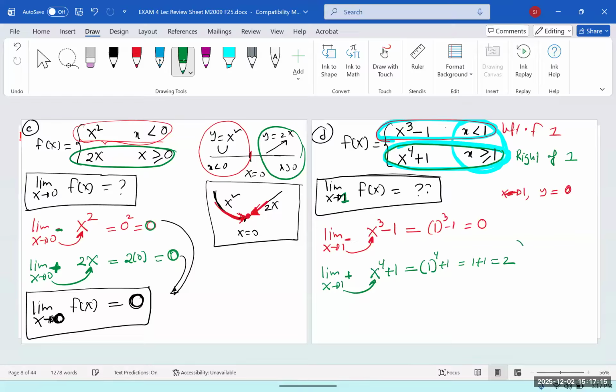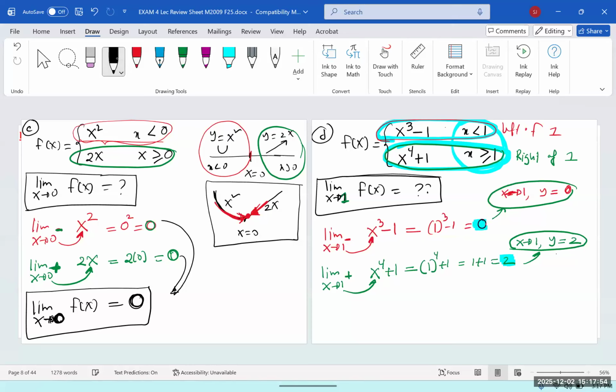So this one is telling you when you are going to 1 from your right side, your y value is going to 2. The previous one said when you are going to 1 from your left side, your y value is 0. So you see, there are two different y values. The left y value and the right y value are not the same number.